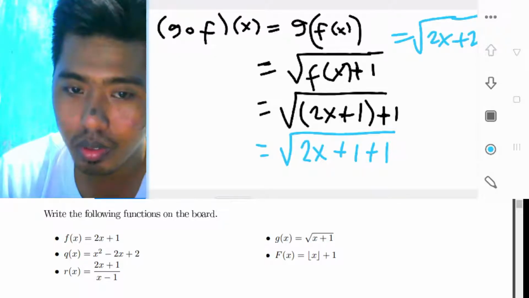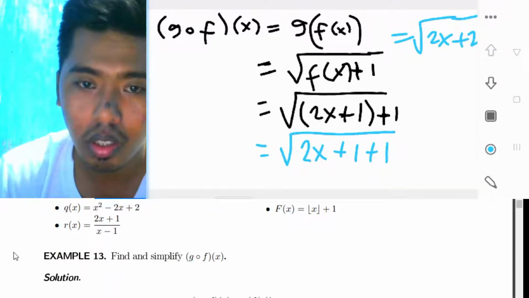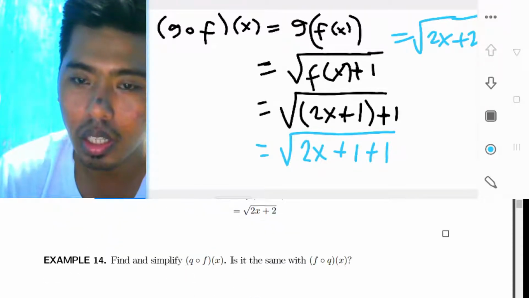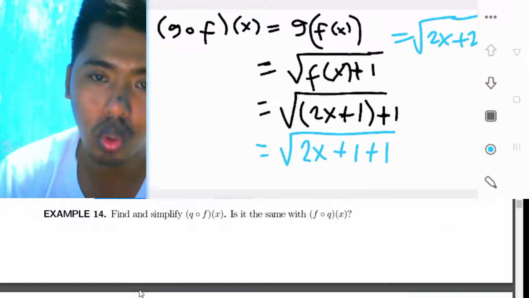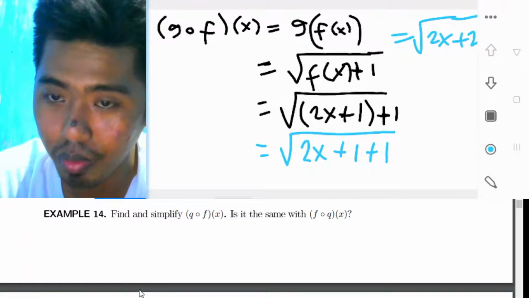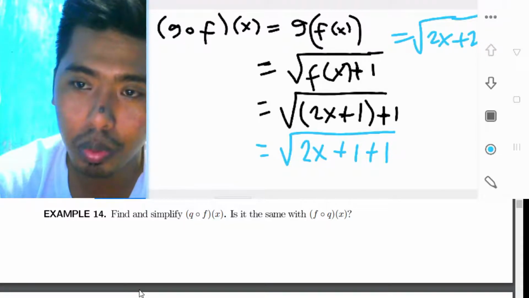Let's proceed to number 14. Find and simplify q composite f of x. Is it the same as f composite q of x?